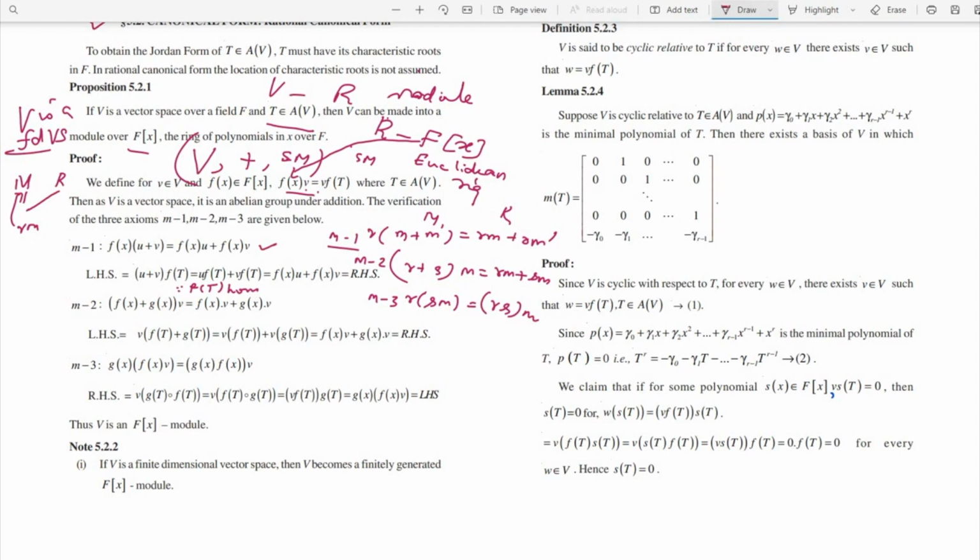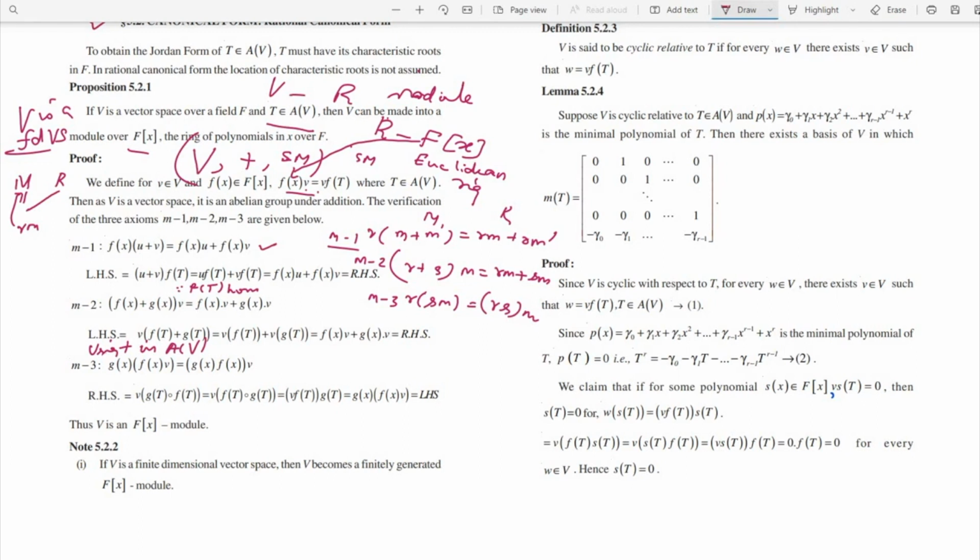This step comes by the definition of addition in A(V). Again from here, using addition in A(V), this step comes, and by this definition we have this step. So that gives your right hand side of m2.